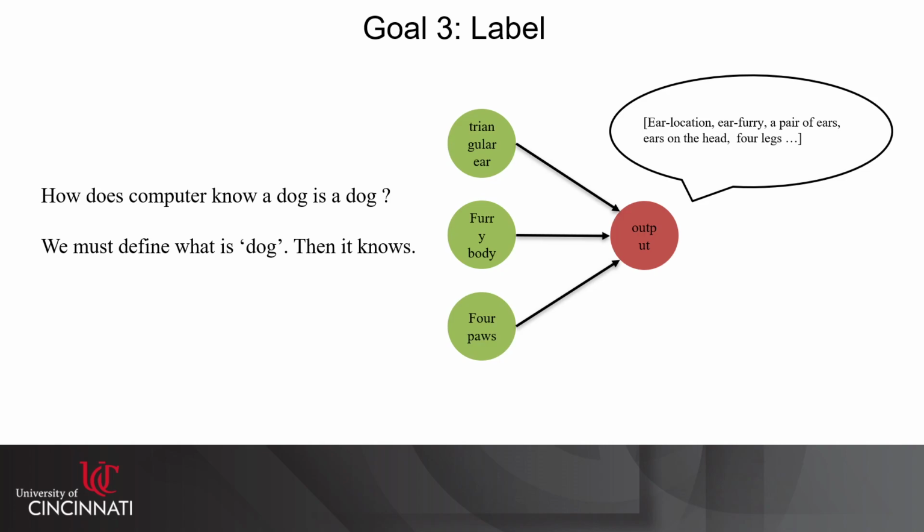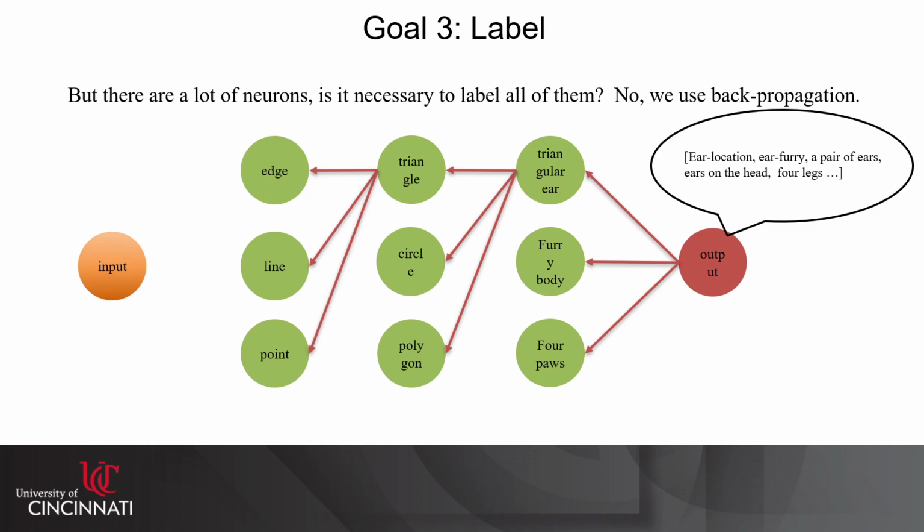Because remember we have 3 by 4, 12 neurons, not 9 neurons. Do we have to manually circle each part, or do we only label the outputs? We only tell the computer that this is a dog, and we let it figure out by itself how to combine edges, triangles, circles, and body parts.